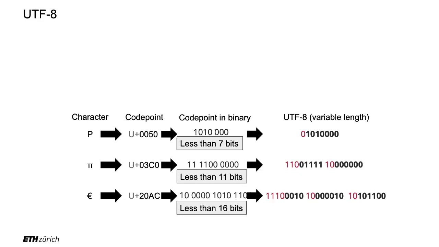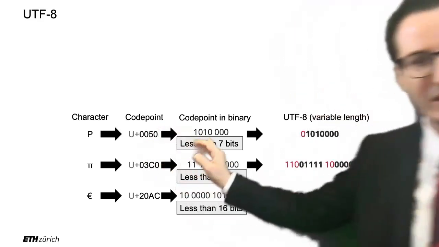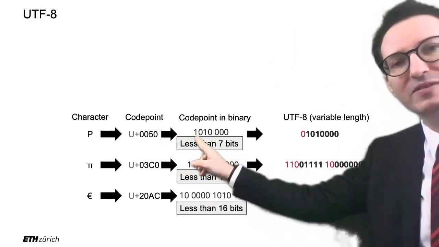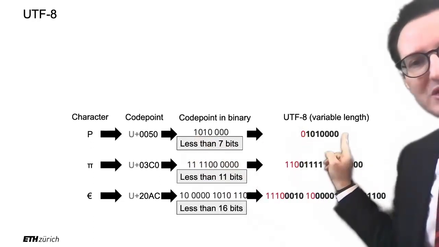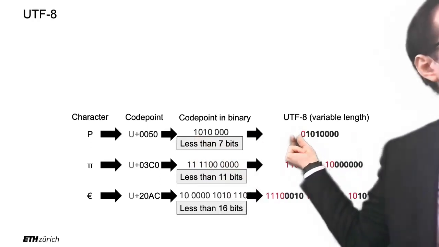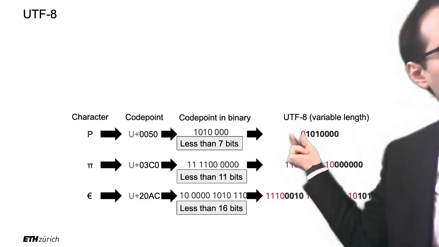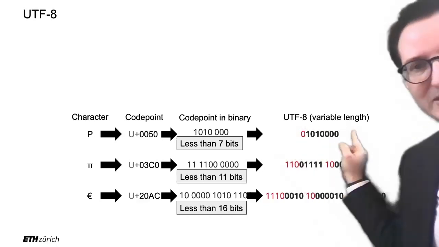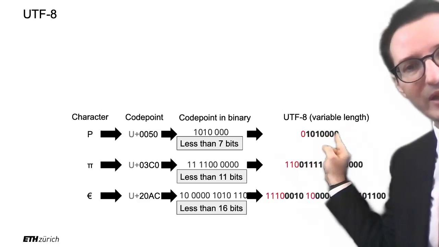If that's the case, like character P here, you need at most 7 bits. My less than should be understood here as not strict. Normally it's strict, it's just a mistake here. So up to 7 bits. What you do is put the 7 bits in here and add a 0 in front, right? The 0 tells you there's only 1 packet. And that's the encoding in UTF-8 of variable length.